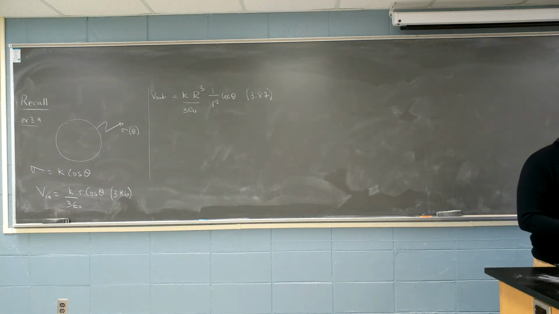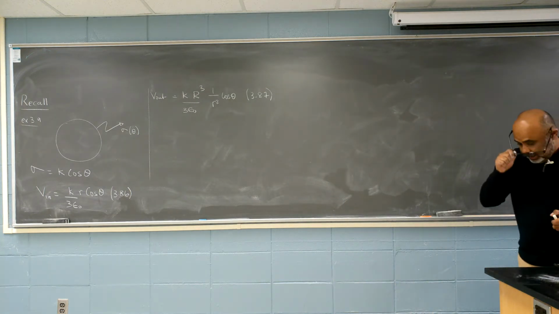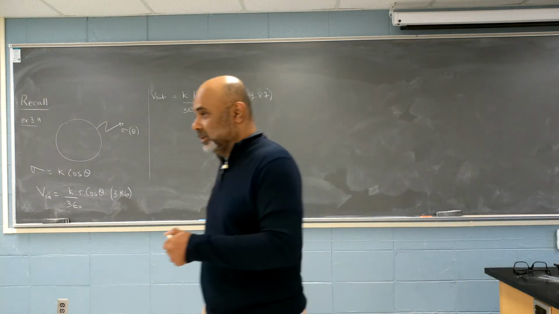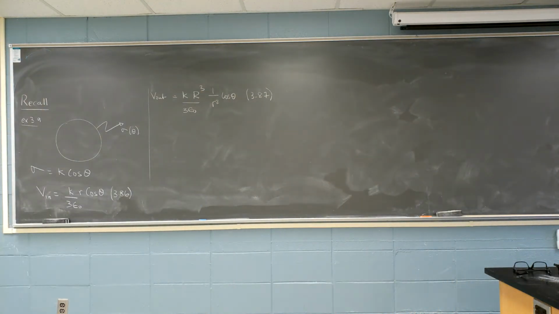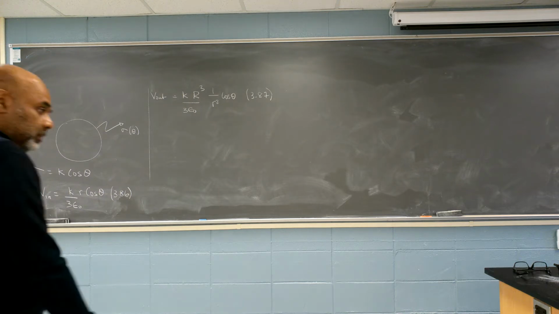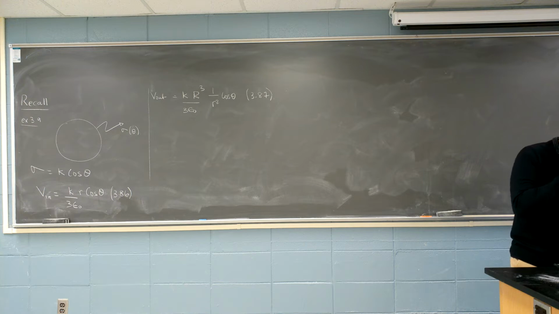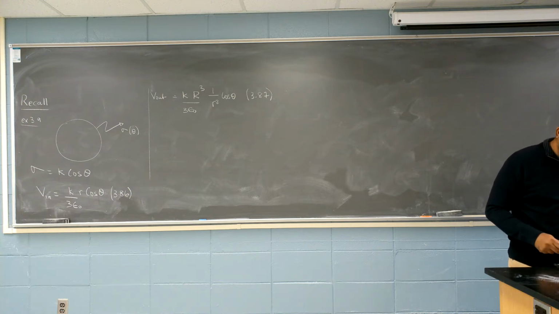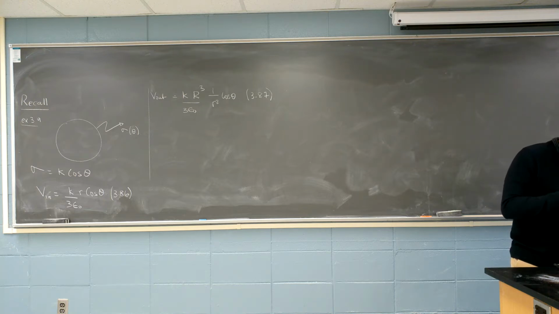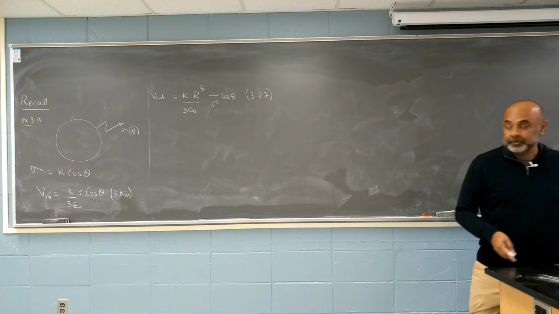Now, what is the problem that we are about to do, and how does it help us? What we're going to do is, well, let me state the example so that you know what I'm referring to. I mean, the problem number. It is example 4.2.